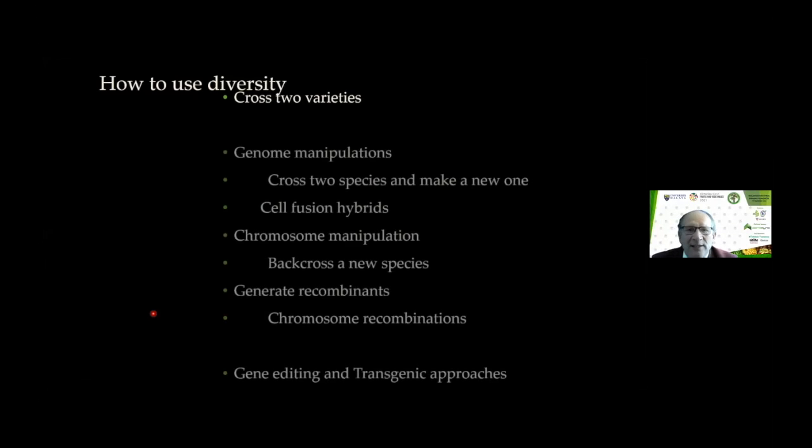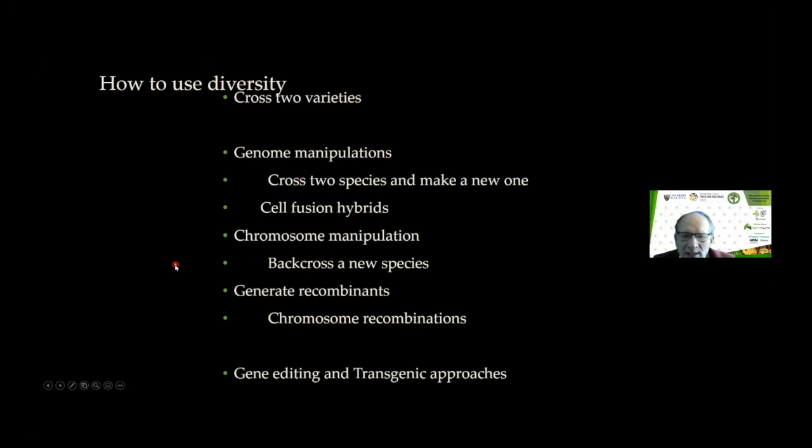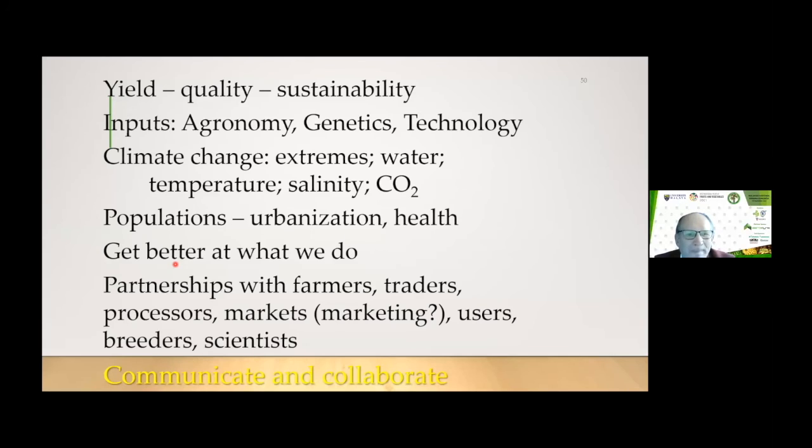So we can use the diversity, crossing varieties, genome manipulations. That's certainly one way genes can be used across the family: chromosome manipulation, generating recombinants, and of course, a very important gene editing and transgenic approaches, which hopefully we'll be able to introduce now to plants as well as to people.